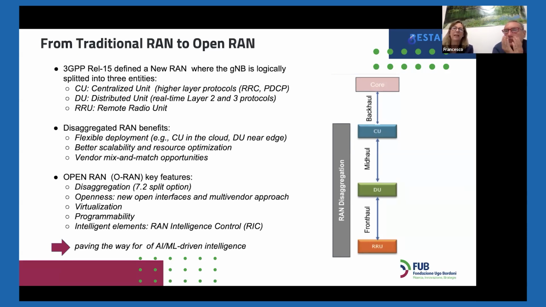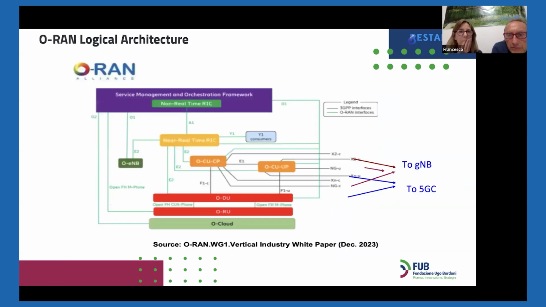And 3GPP and ORAN Alliance introduce a deeper level of disaggregation of the RAN network, introducing new open interfaces, and also enhance programmability, because with these interfaces connecting the two units, the flexibility is also improved. And in the next slide, we will see better the logical architecture proposed by the ORAN Alliance.